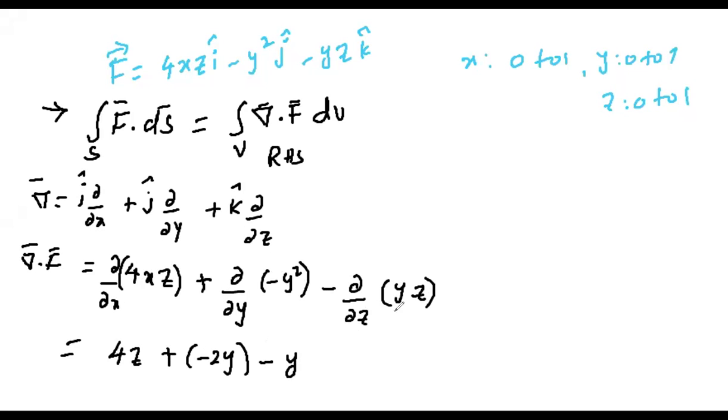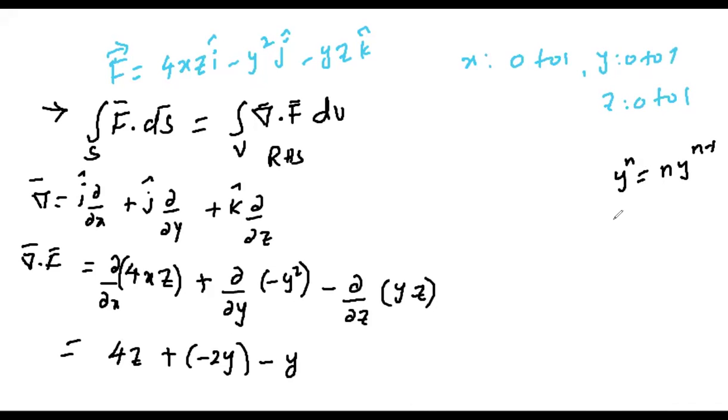Is it clear for all of you? Yes, sir. For the last term, we are differentiating with respect to z, and z gives 1, so the remaining y is a constant. For y squared with respect to y, use the formula: y to the n gives n y to the n minus 1.